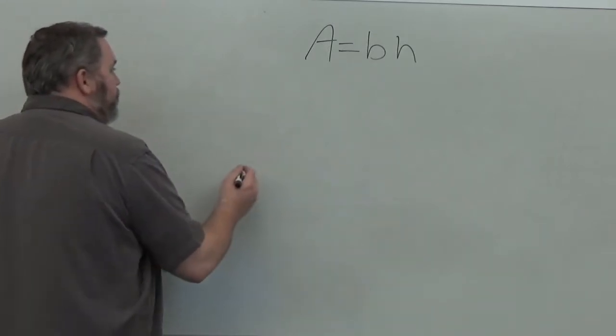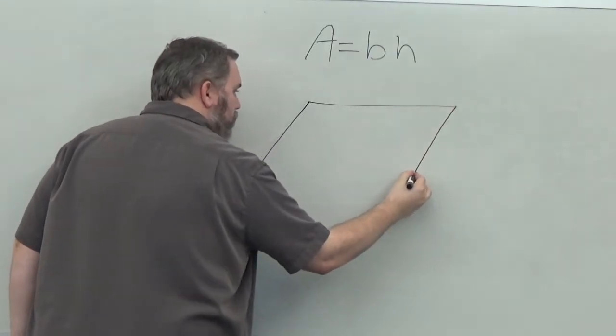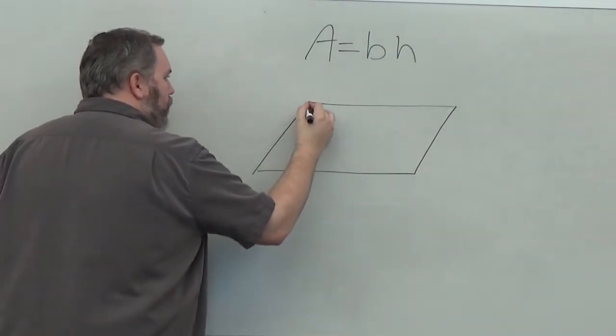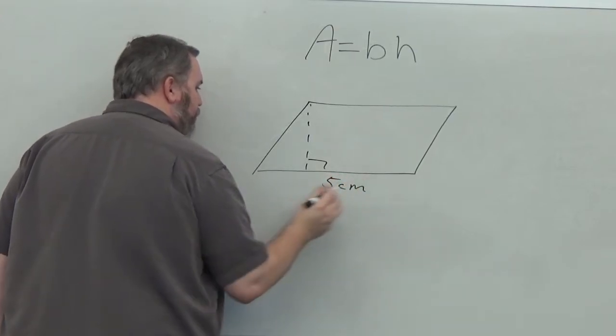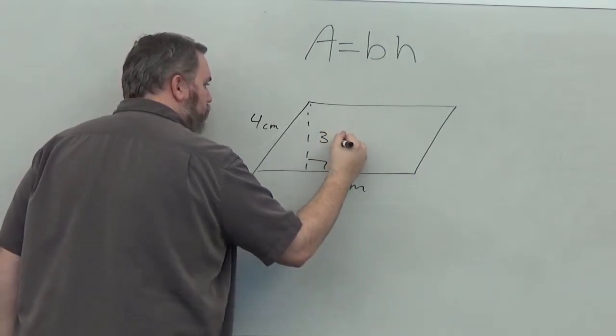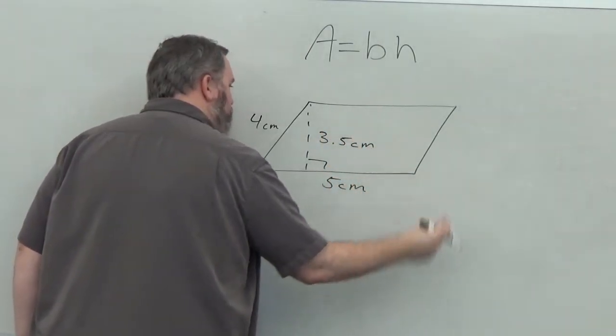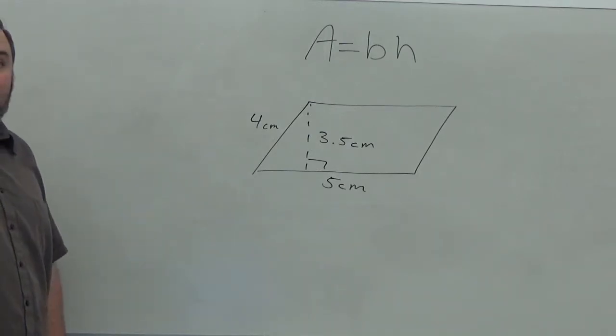Now, let's say I have this shape. We know that this shape is a parallelogram, and our job is to find the area of it. Well, I need to find base times height.